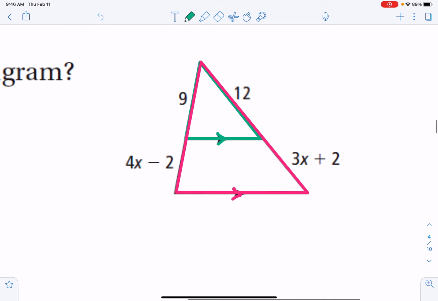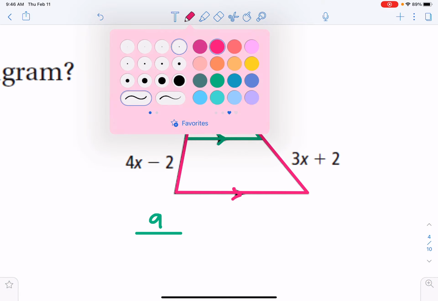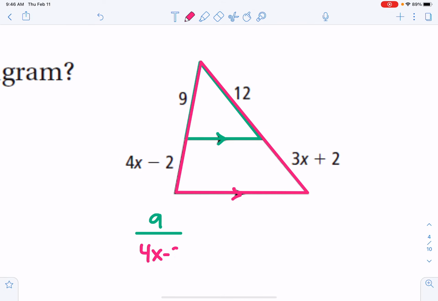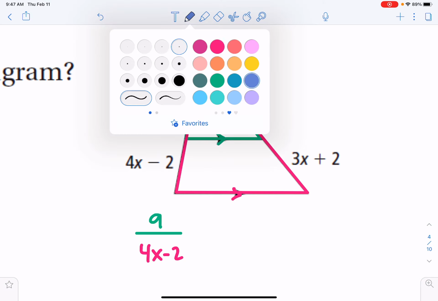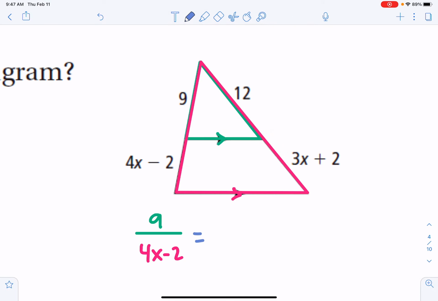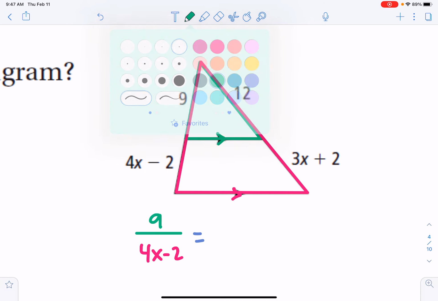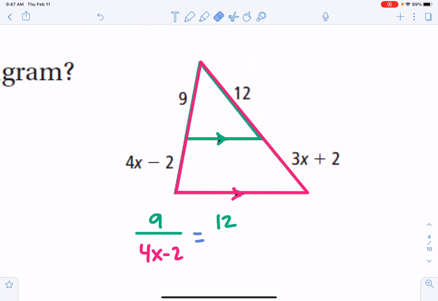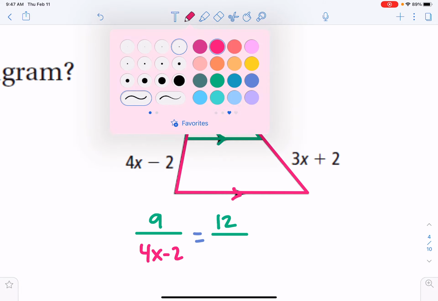And so we can say for the green one that the 9 over 4x minus 2 is the same as the 12 over the 3x plus 2.